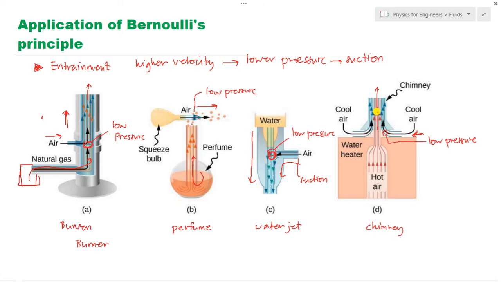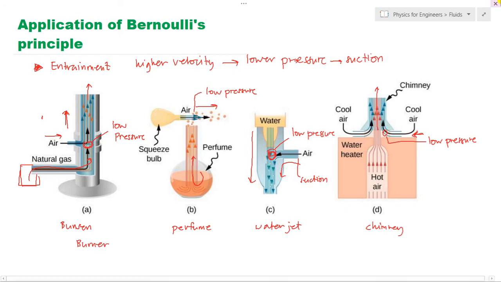So good application for Bernoulli Principle kaning entrainment. Again, naa tay Bunsen burner, mostly for entrainment. At higher velocity, maka-create og lower pressure, therefore naay suction nga matabo.